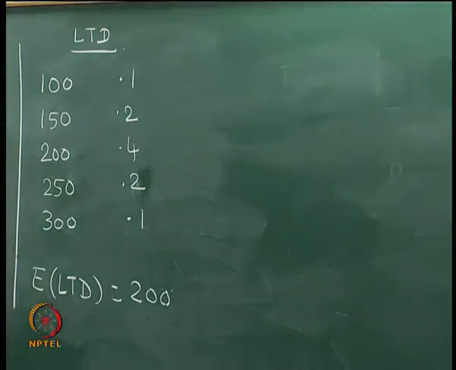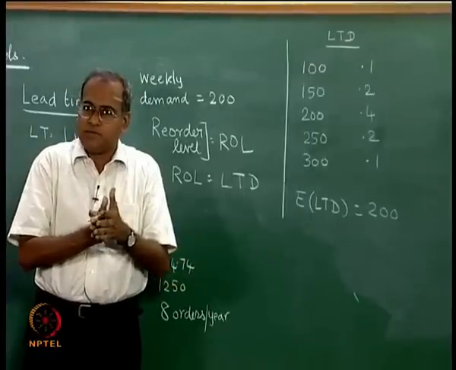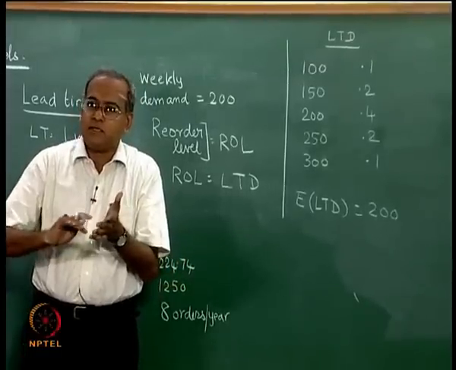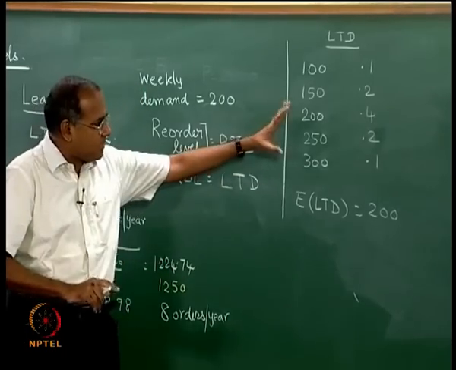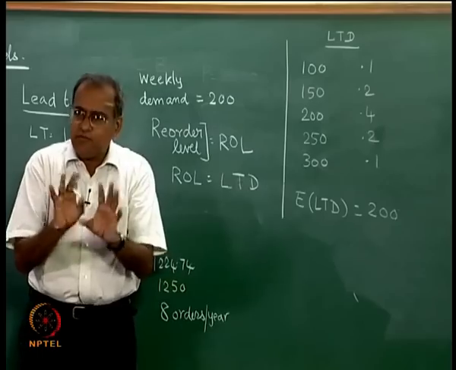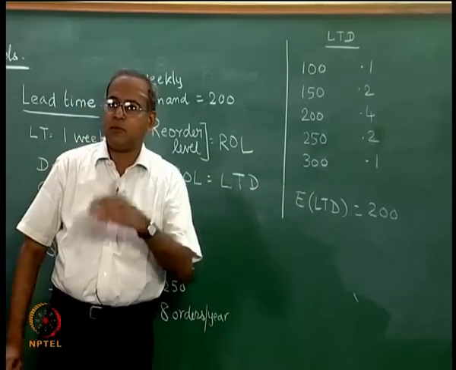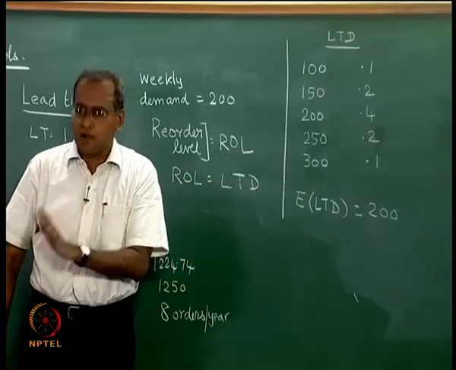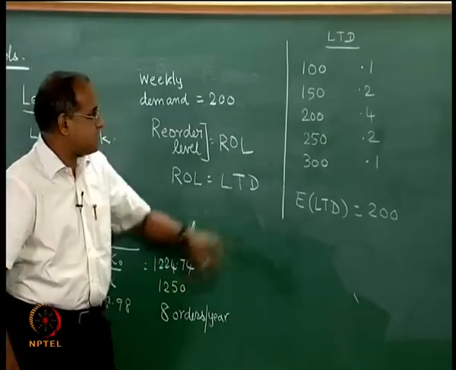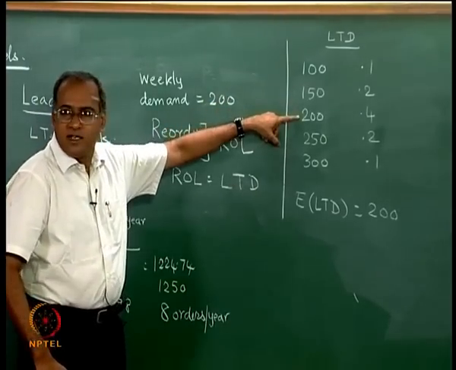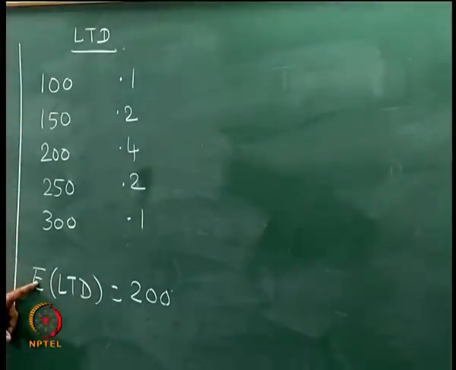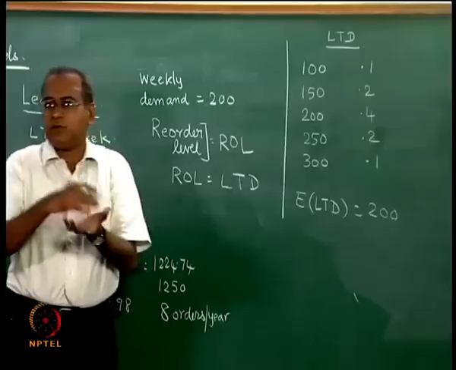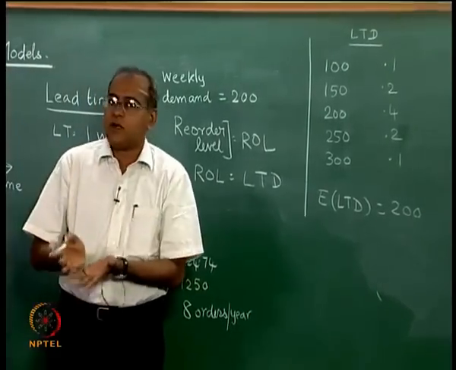So, we will be able to meet the demand more times than not. But from a symmetry point of view, say roughly 50% of the times we will be able to meet it, 50% of the times we will not. If this were 100, 101, 102, 103 up to 300, then 50% of the times we would have met it, 50% of the time we would not have met it.